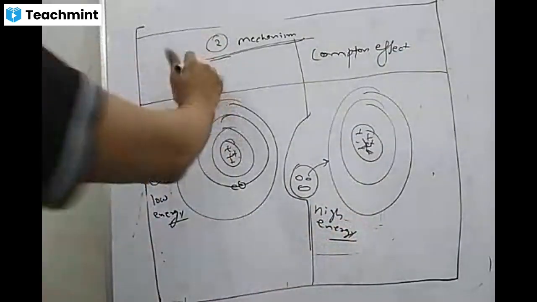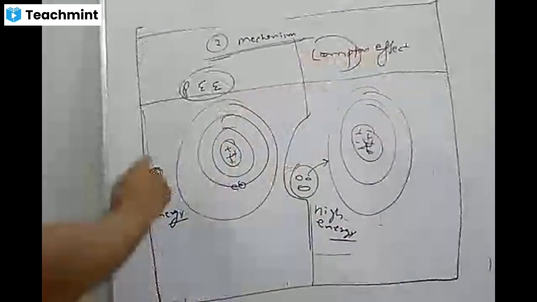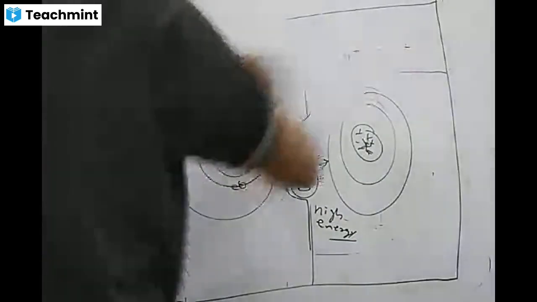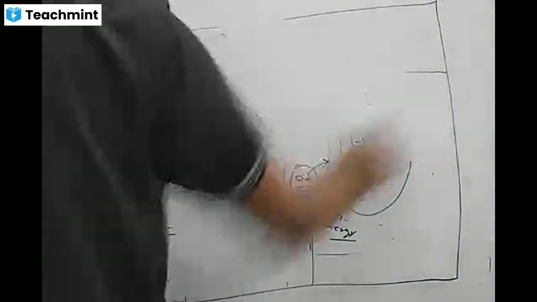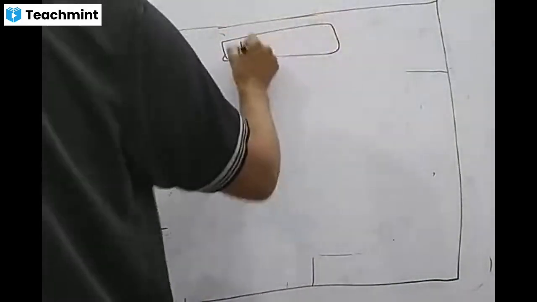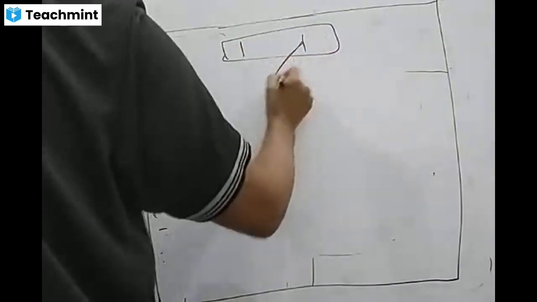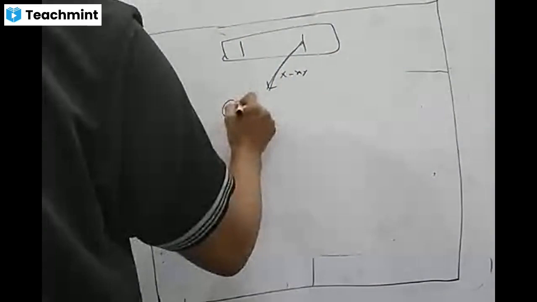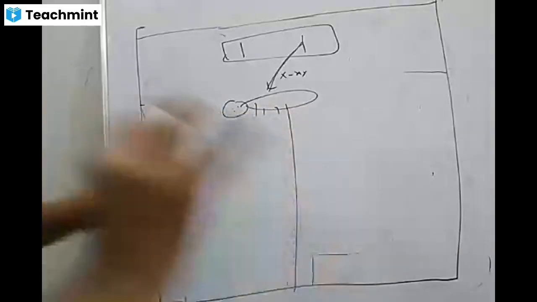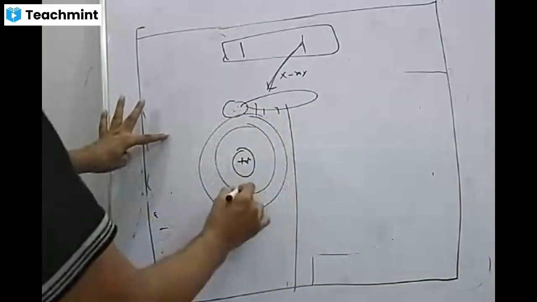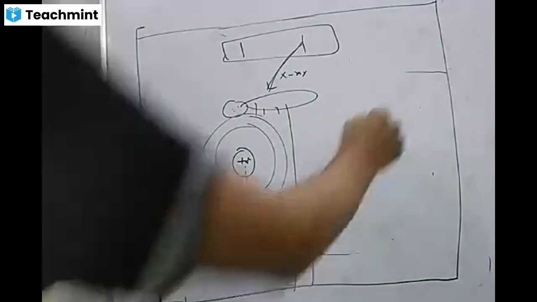So the first difference between photoelectric effect and Compton effect is the incoming photon from the X-ray tube is of low energy, and in case of Compton, it is of high energy. So we call this low energy interaction and high energy interaction. So cathode, anode, and this was your X-ray beam. These are positive charges and this is an electron, and there is interaction.